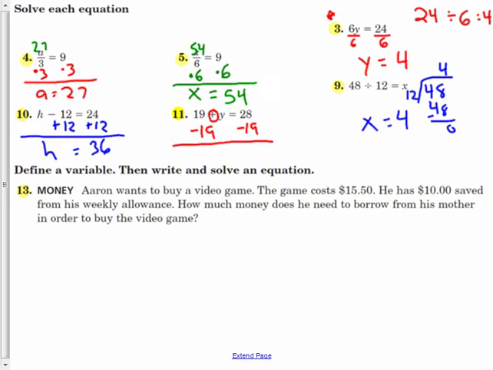So I'll subtract 28 minus 19, and I should have y equals 9. If I check my work, I can put 9 back in place and do 19 plus 9. Does that equal 28? It does, so my answer must be correct.